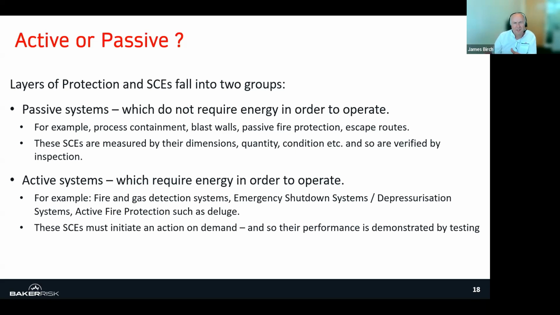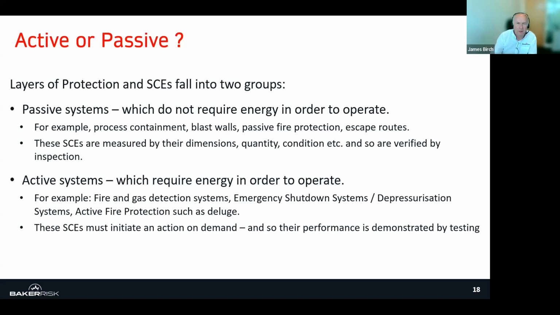And then we have active systems which are capable of doing more complex things. And these need perhaps electrical power. So for example, fire and gas detection system. Fire water, we need power for the fire water pumps. And these are safety critical elements that provide an action on demand.